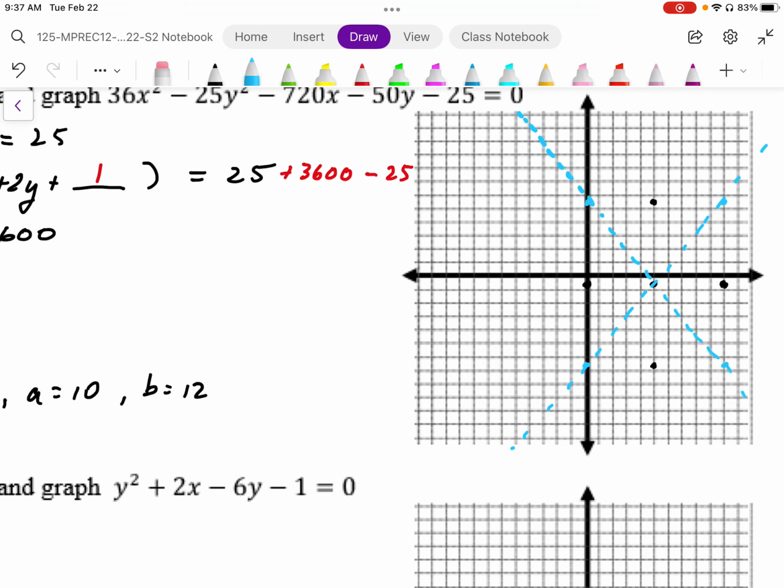So there's my asymptotes, and then I can draw in my graph using the vertex along the x-axis since it's trans x, and I'm going to draw it like that. Okay? And I've scaled my axes here because otherwise I wouldn't have fit this graph on. So I've scaled it so 1 square is equal to 2 units.